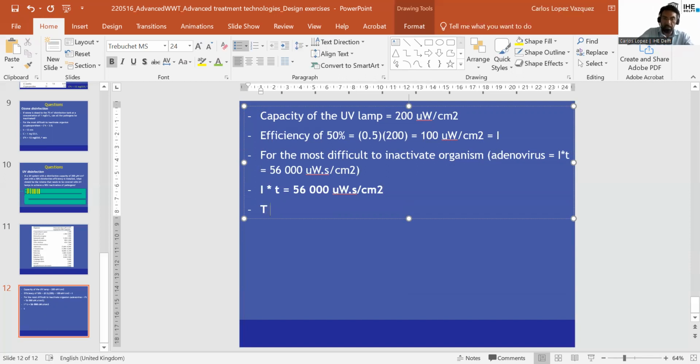In this case, time is going to be equal to the 56,000 that I need, microwatts per second per square centimeter, divided by the intensity of the lamp, that is 100 microwatts per square centimeter. So for this case, the required contact time that I need is 56,000 divided by 100.